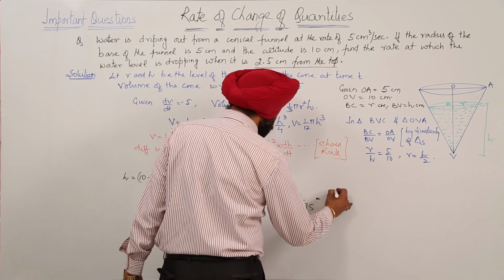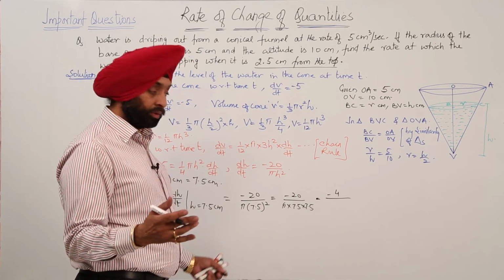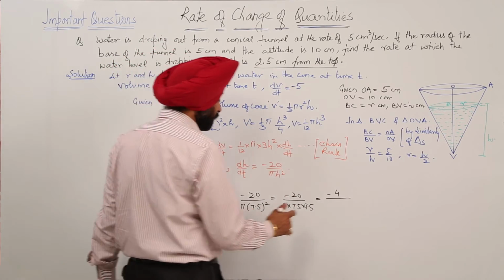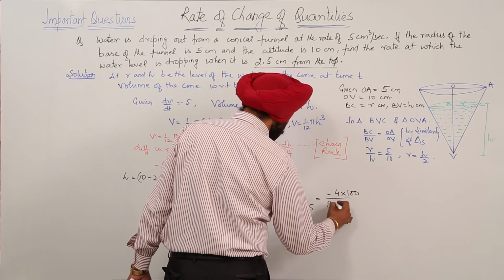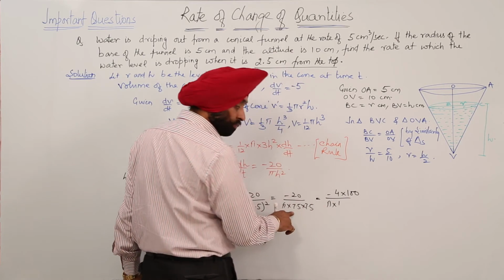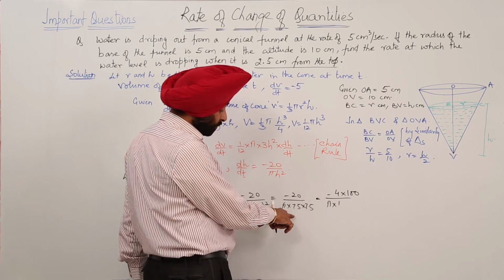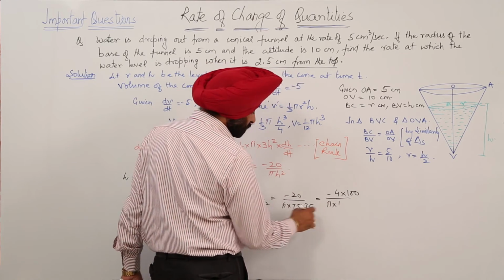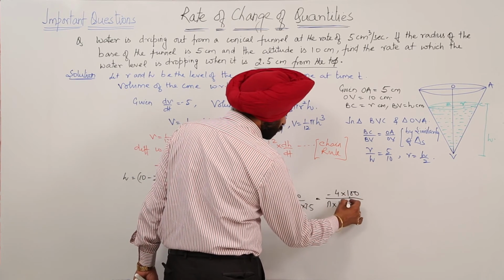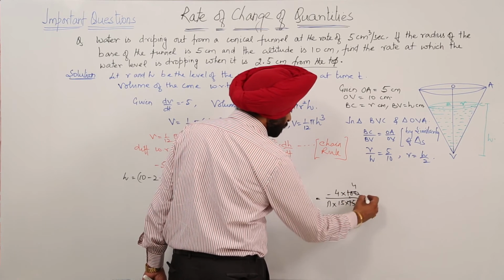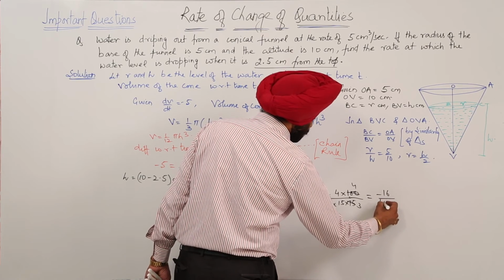Now minus 4, even if you want to remove the decimals you can. Okay, minus 4 with 100 upon pi with 75, where 5 cancels with 20 and 5 cancels with 75. Now 25 3s are 75, 25 4s are 100. So what we are having, minus 16 upon 45 pi.